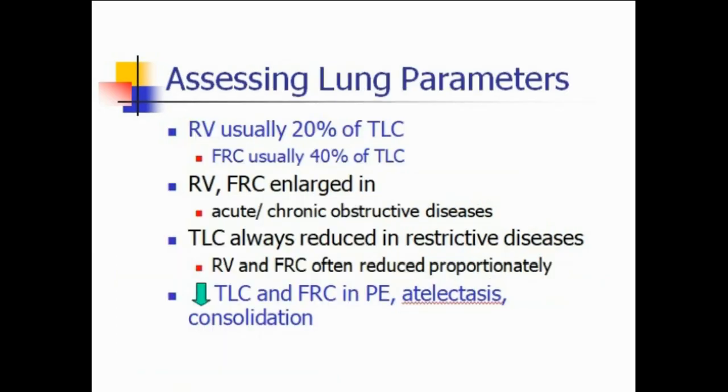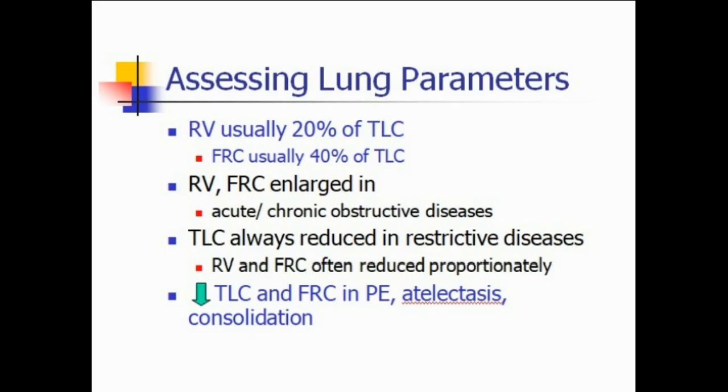Normal residual volume is about 20% of the total lung capacity. So by looking at that, if we have a much larger RV, then we can identify obstructive conditions. FRC being larger is about 40% of the TLC.